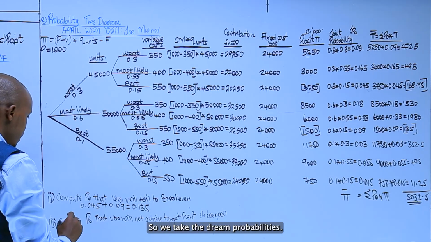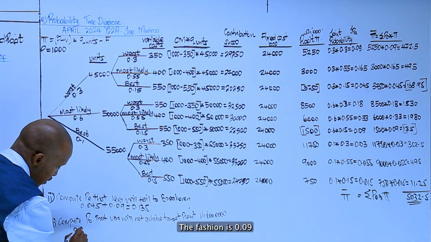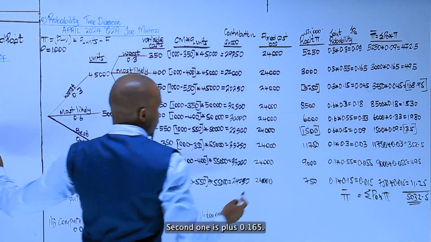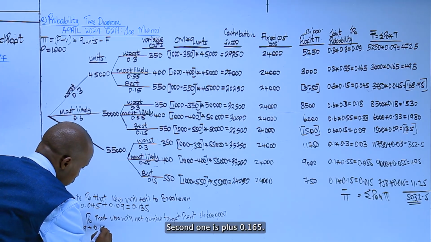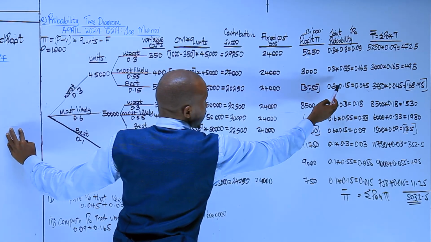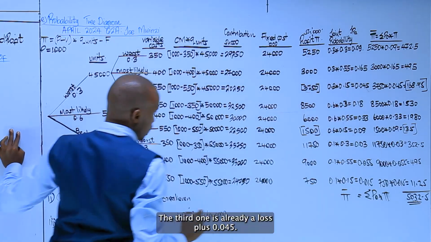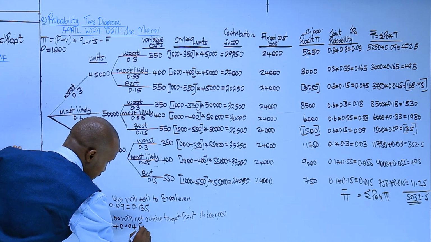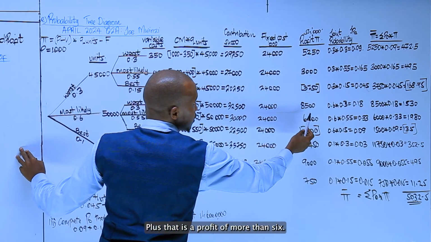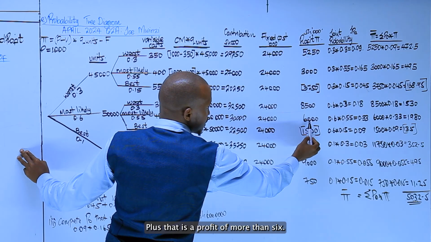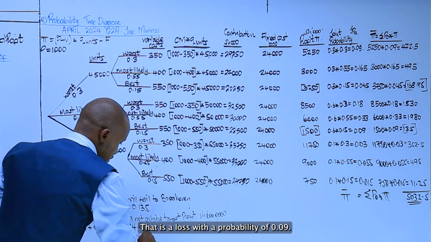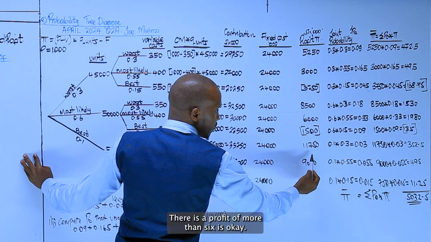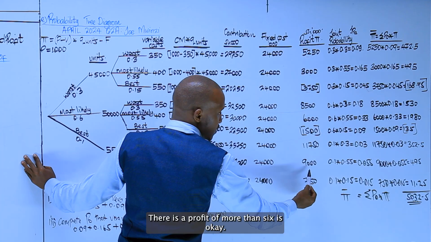So we take the joint probabilities. The first one is 0.09 here. The second one is plus 0.165 here. The third one is already a loss, plus 0.045. A profit of more than 6 is okay. That is a loss with a probability of 0.09. A profit of more than 6 million is okay.